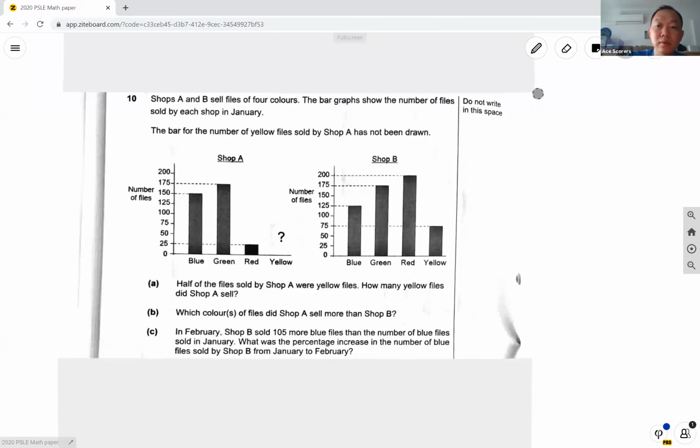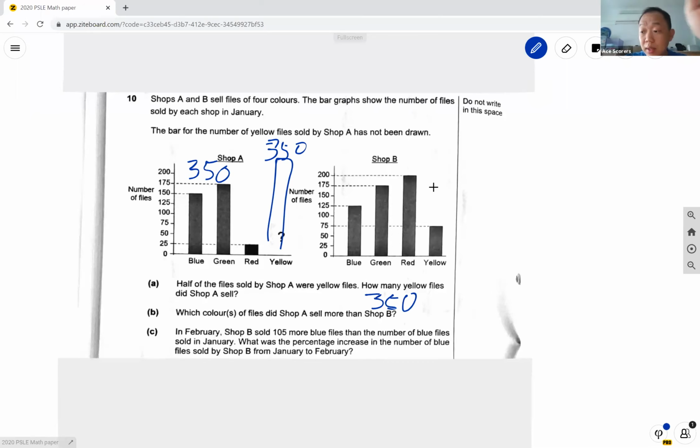Okay, I got 350 here. So this part here is 350. That means yellow should also be 350. Right? So yellow is 350, because it's half. Next, which color did shop A sell more than B?